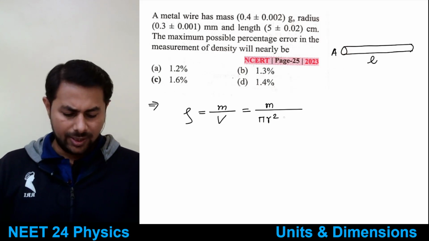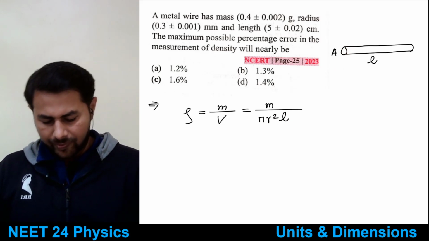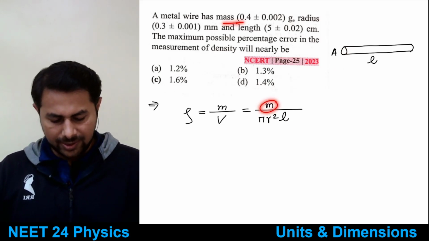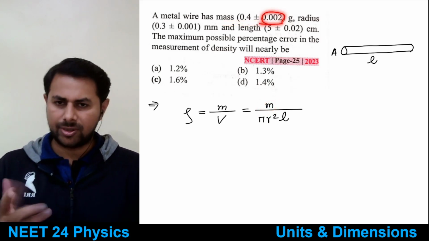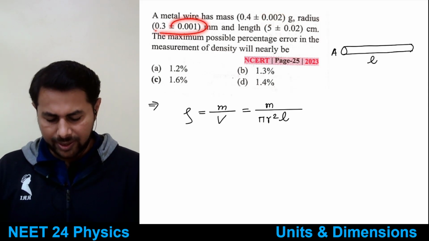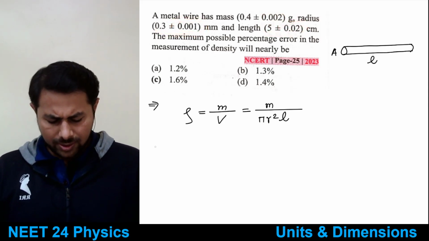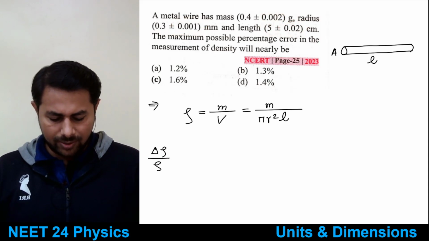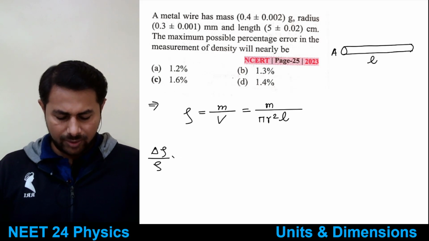R is the radius multiplied by length, and then the error in mass is given, right? Reading of mass is given with plus minus possible error. Reading of the radius is also given, reading of the length is also given. So just use this formula, delta rho by rho will be equal to what? Or we want percentage, no?